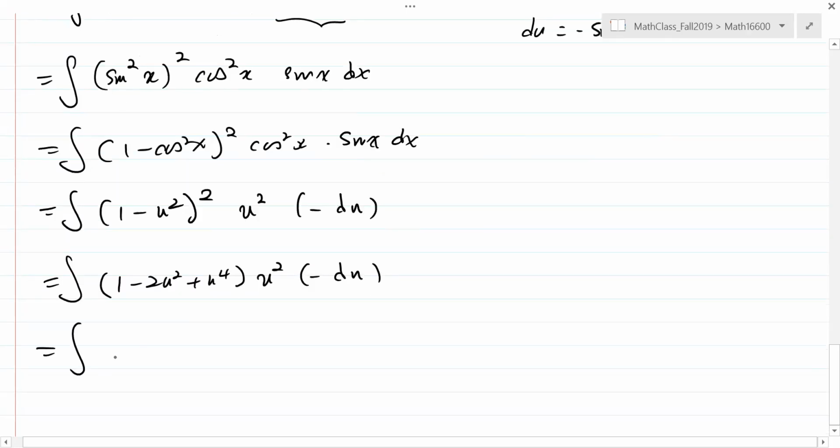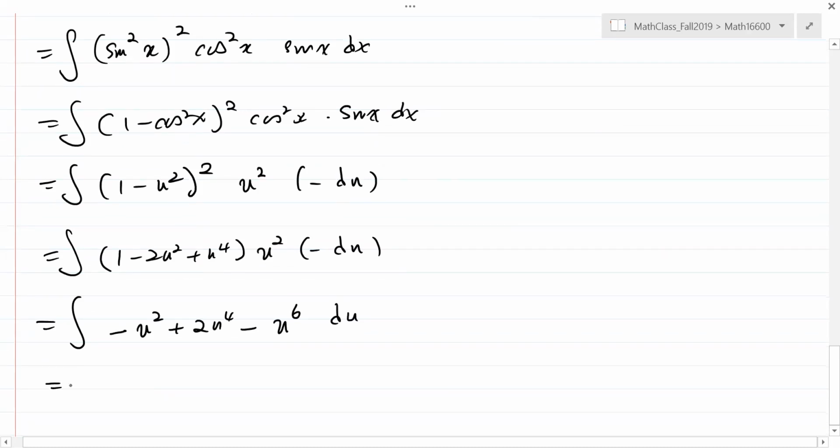I will get negative u squared plus 2u to the fourth power minus u to the sixth. Right? And this is a polynomial, not very complicated. And then you find the antiderivative of each term, and plus constant. Now what is u? u is cosine x. So you put the cosine x back.